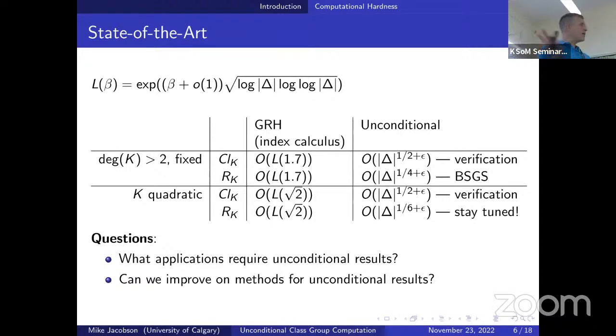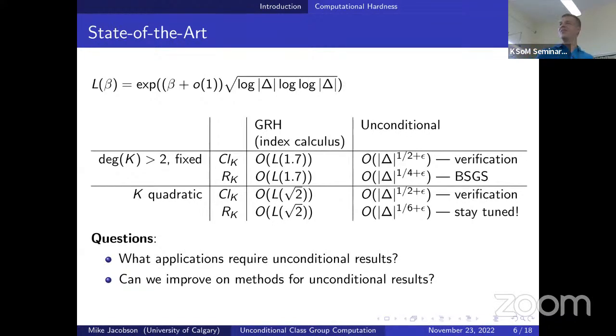So what I'm going to talk about for the rest of the talk is, first of all, a little bit more motivation, where you might care about getting this done unconditionally. In fact, we had a preliminary version of this paper that we submitted to ANTS. It got rejected, and one of the comments was, oh, it's a cool algorithm, but it'd be nice if there were applications. And I can empathize with this.